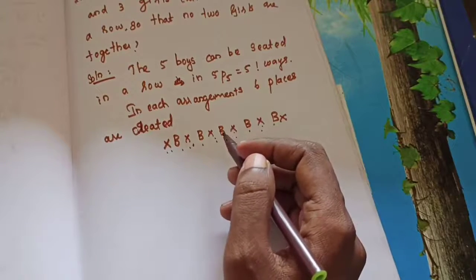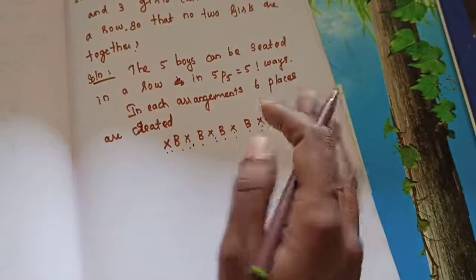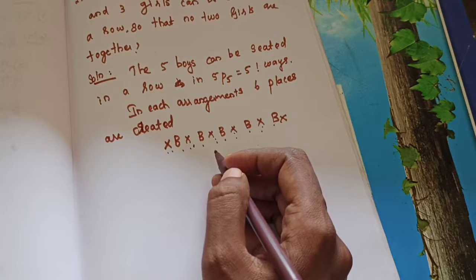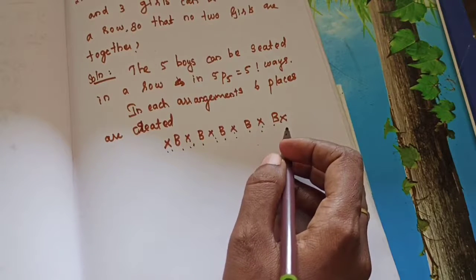Since girls won't sit together, how many places are there for girls? 6 places are there, but how many girls are there? 3 girls only.